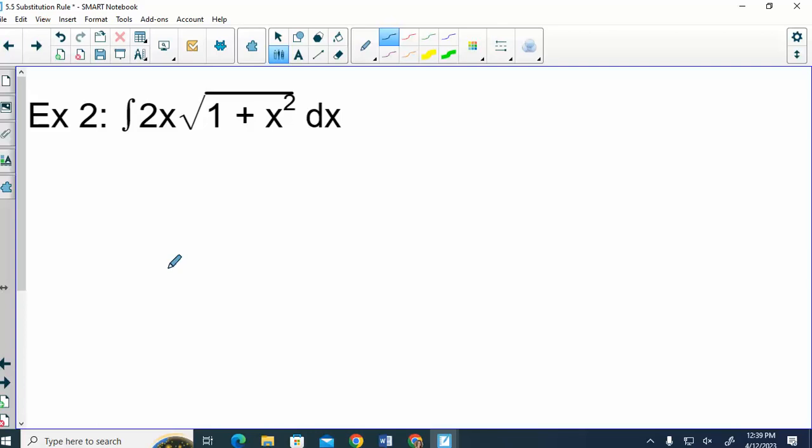What is the inside here? Right, the thing under my radical. So that inside is my u. So du is the derivative. What is the derivative of 1 plus x squared? 2x dx.